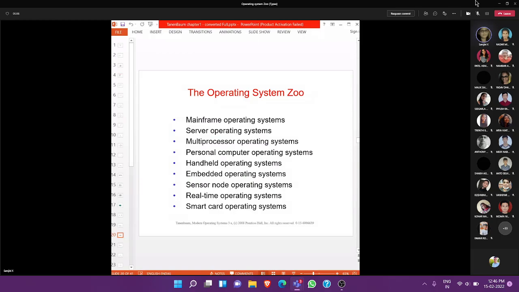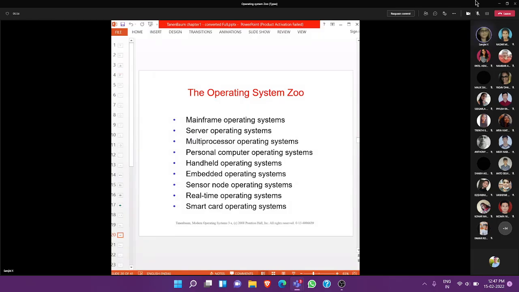The first type is the mainframe operating system. The mainframe operating system is generally used in a big data center, for example, Google data center, Amazon data center. So in corporate data centers, the mainframe operating system will be used.